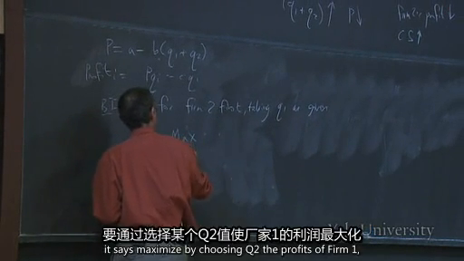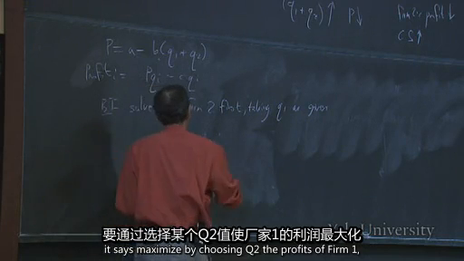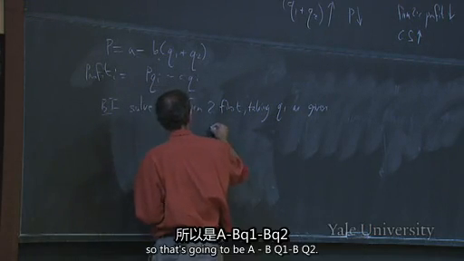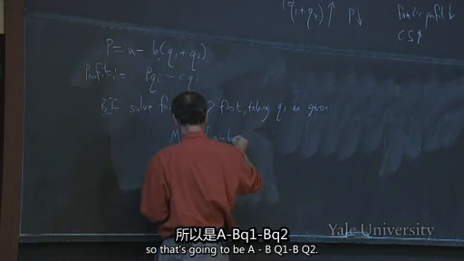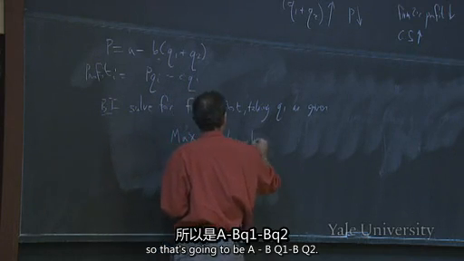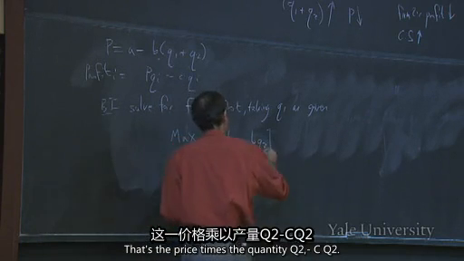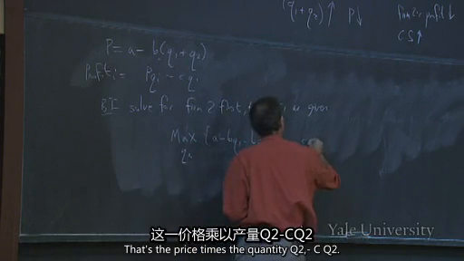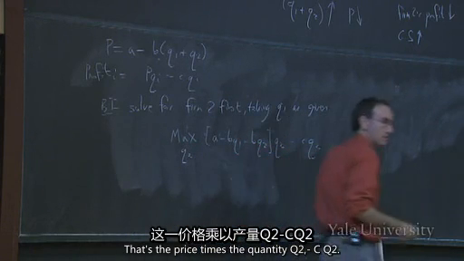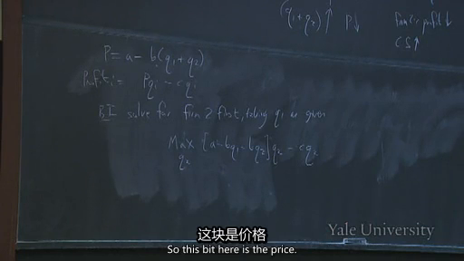And what is that problem as a boring math problem? It says maximize by choosing Q2 the profits of firm 2, so that's going to be (A minus B Q1 minus B Q2), that's the price, times the quantity Q2, minus C Q2.